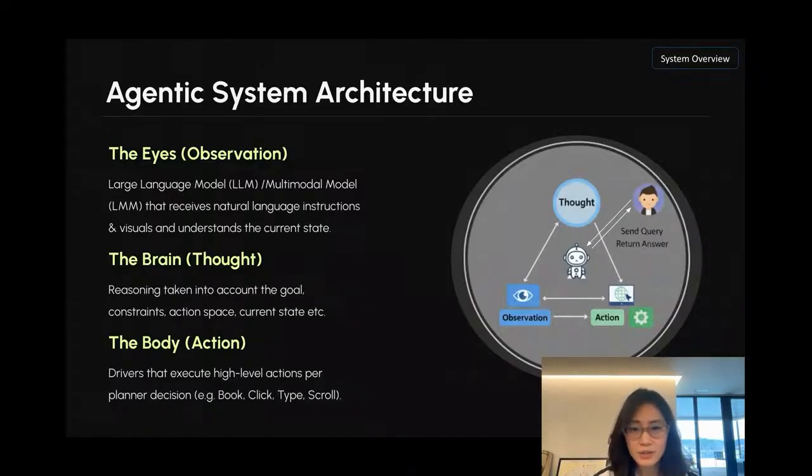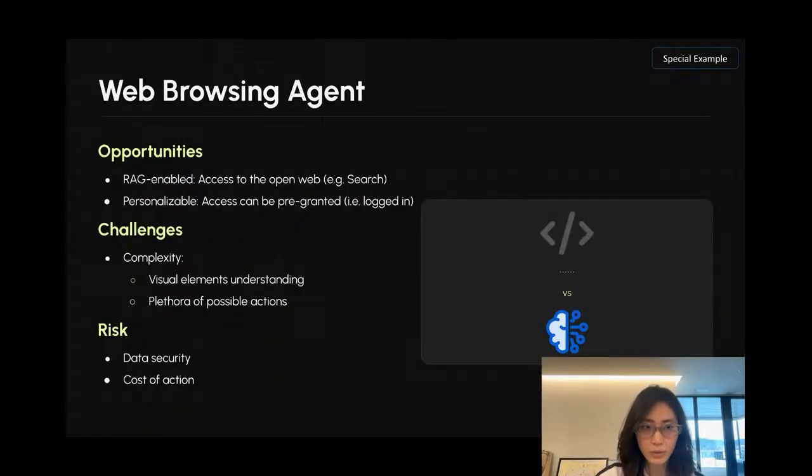Okay, so we're going to illustrate this a little bit better with an example of a web browsing agent. And why is this an especially interesting example? There are a lot of opportunities that you can unlock with a web browsing agent. First of all, it is RAG enabled already. RAG stands for Retrieval Augmented Generation.